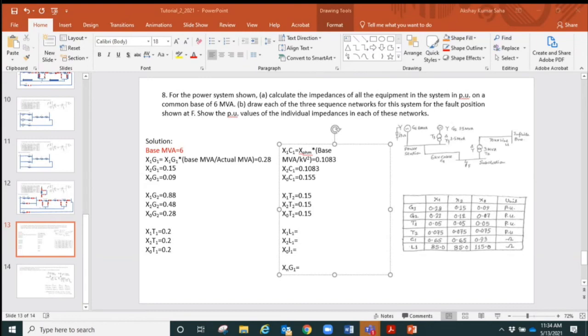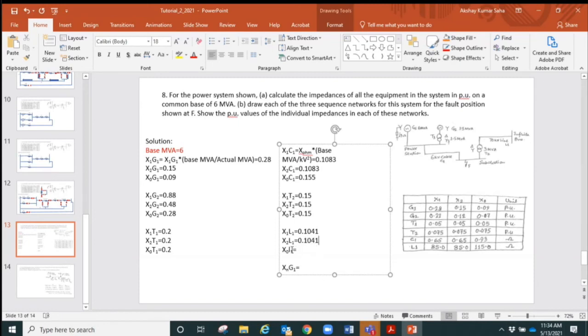So x1 and x2 will be 0.104. Yes, that's perfect. Actually, according to my calculation it is 0.1041, and that is also x2 because it's also 85 ohm, 0.1041.